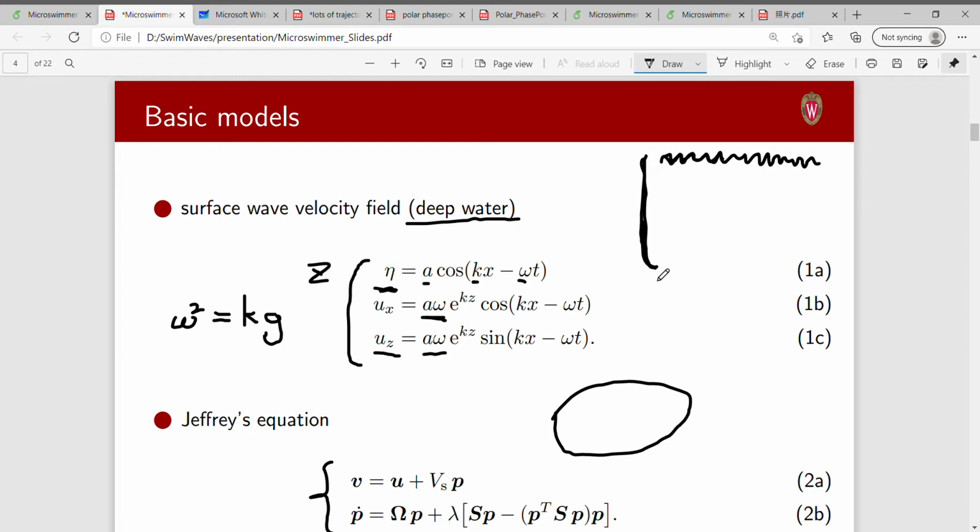So eta here is the vertical position, a is the wave amplitude, k is the wave number, omega is the wave frequency, u_x is the fluid velocity in the x direction, the x component of the fluid velocity, and u_z is the z component.